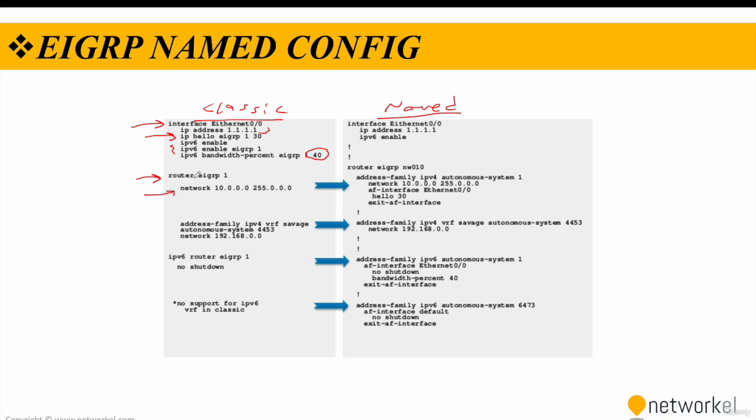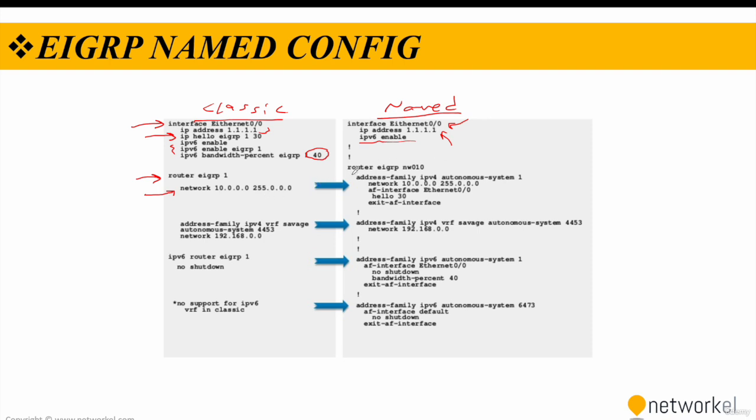Okay, this is pretty much what we are aware of. But how will the configuration look if I just want to configure similar settings for EIGRP named mode? I will still go to the interface mode to assign my IP address. There is nothing changing in here, and enabling IP version 6 will remain the same also. Then the EIGRP configuration itself will change.